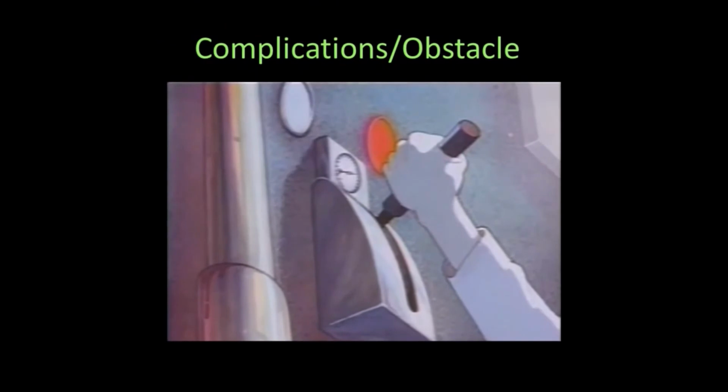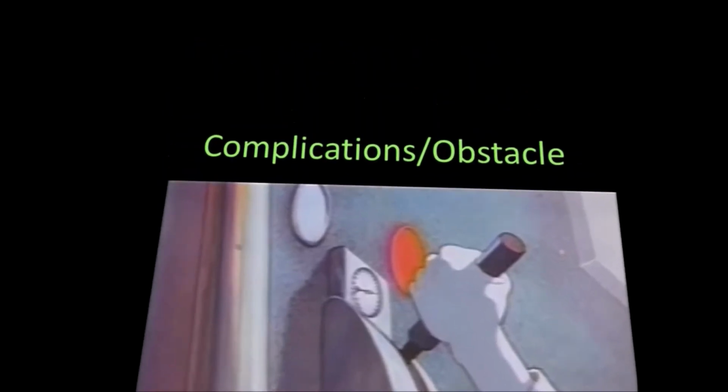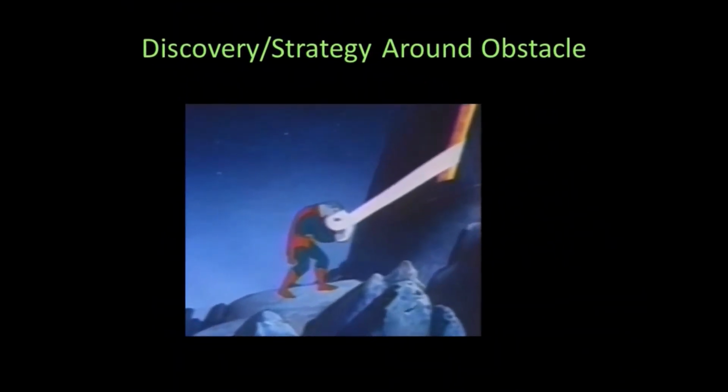The mad scientist finally creates the greatest obstacle by increasing the ray to full power. Superman's strategy for getting around this obstacle is to tie the barrel of the ray gun into a knot. This forces the ray to backfire, destroying the mad scientist's lair.